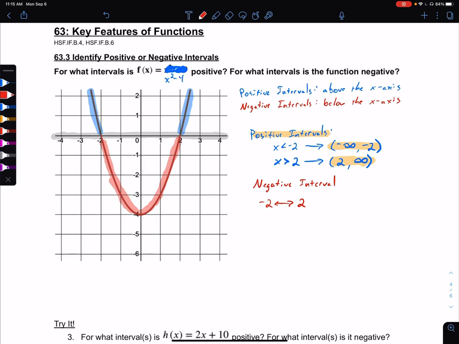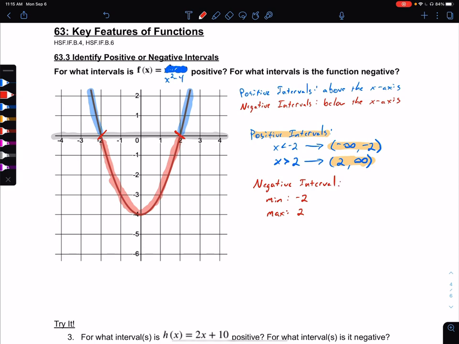Again, I've mentioned it a couple times already, we don't actually want to include those values because they're right on the x-axis. That won't be positive or negative. We want below. Let's use our math terms: the minimum would be negative 2, and the maximum would be 2.